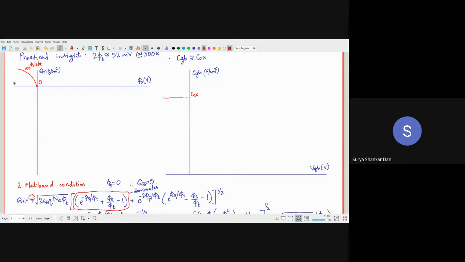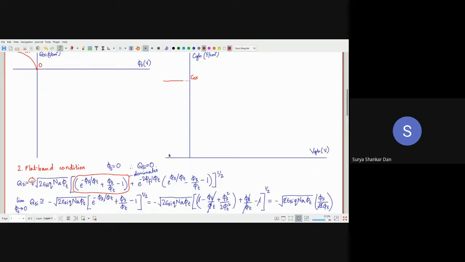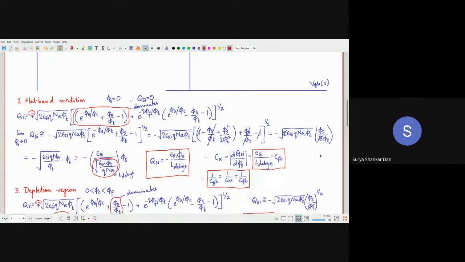So we are gradually increasing the surface potential from very much negative to very much positive. In the gate bias also, it is going from much more negative to the positive side. So here what we understand is that this part will dominate rather than the inversion part. So this is basically the depletion part, as you will see later.